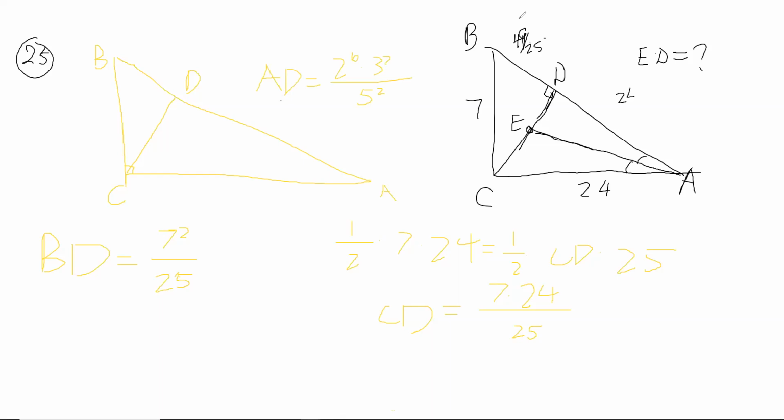So we can let ED equal x. Then CE would equal 7 times 24 over 25 minus x.